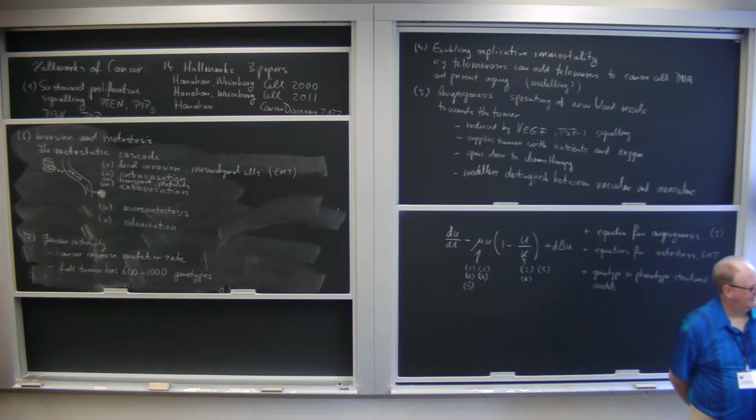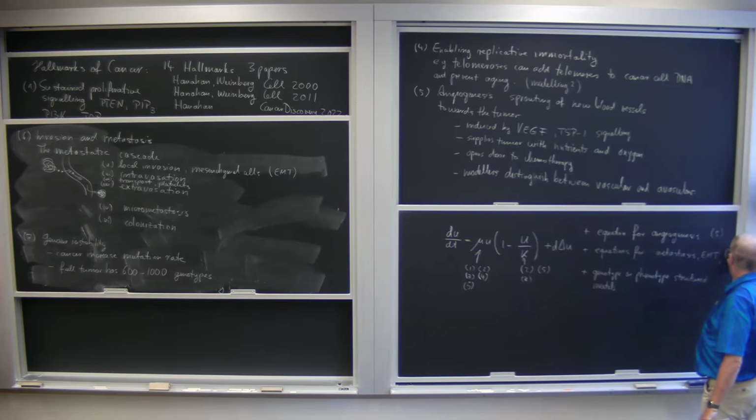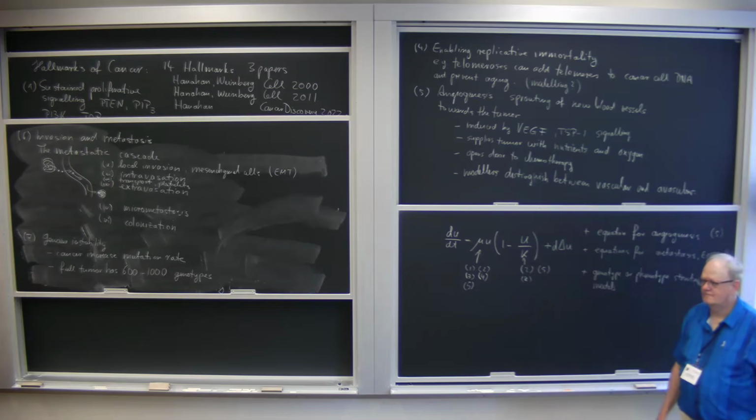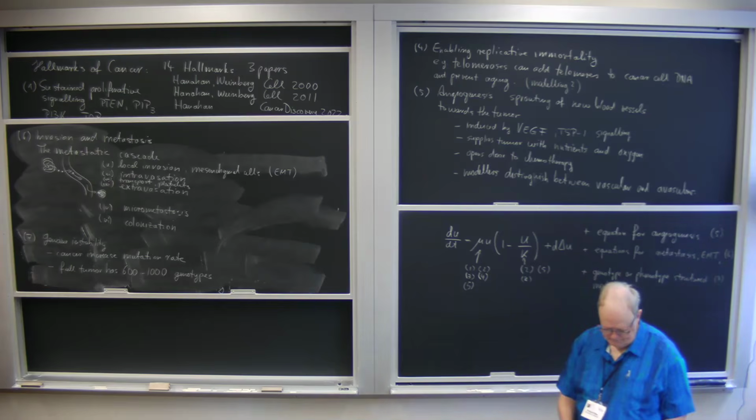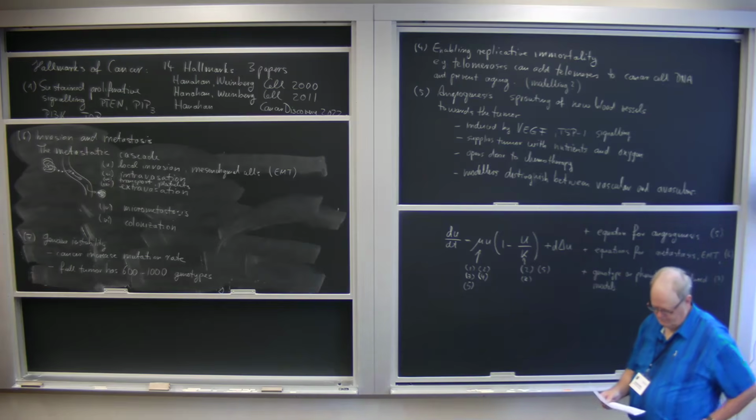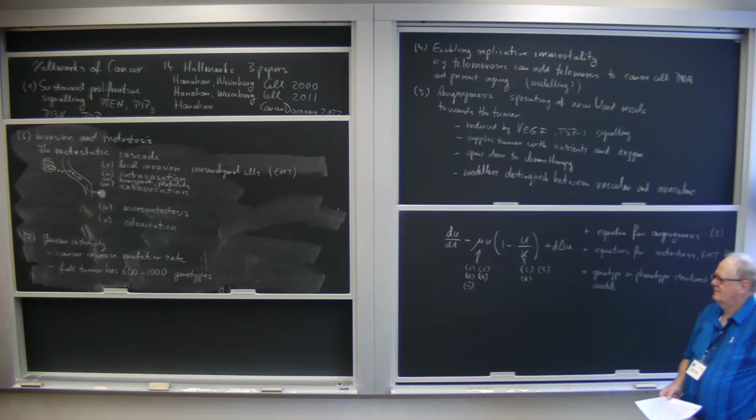I think the jury is not out yet. But sorry, why can't you have a compartmental model? You have an EMT transition, MET transition, and the ones that are in the invasive mode might have a higher mu or whatever the parameter was, the reproduction rate, right?